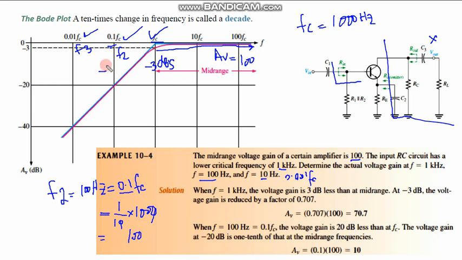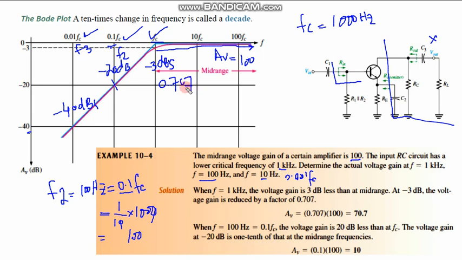For this one it is further minus 20, so it becomes minus 40 dB. Now it was 100, and minus 3 dB, remember, corresponds to a voltage ratio of 0.707.